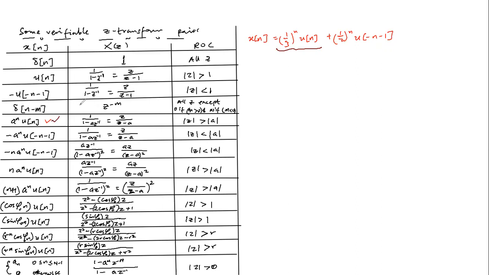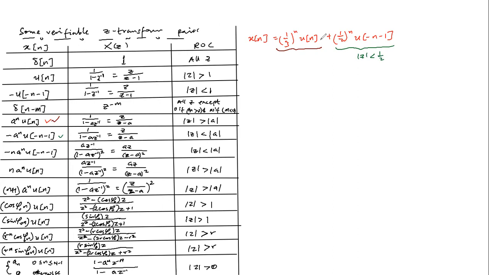So this is of this form. So it means that here, mod z is less than 2.